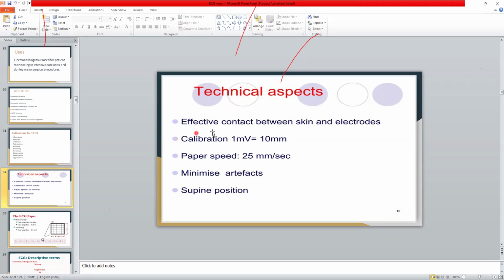The calibration should be 1 millivolt equal to 10 millimeters, and the ECG paper speed should be 25 millimeters per second. These are all required to minimize the artifacts. And the patient should be placed in the supine position.